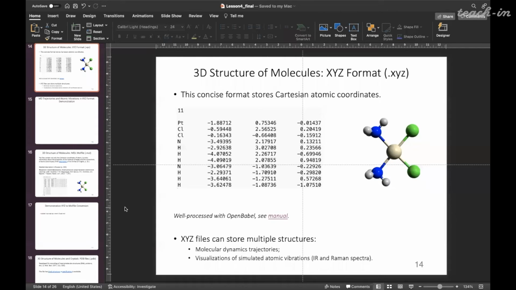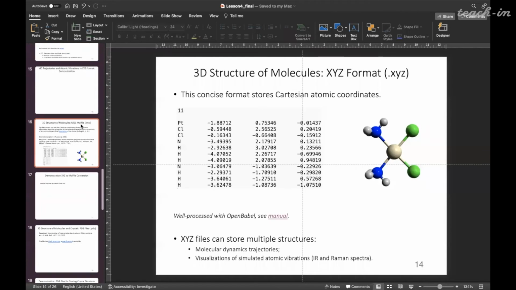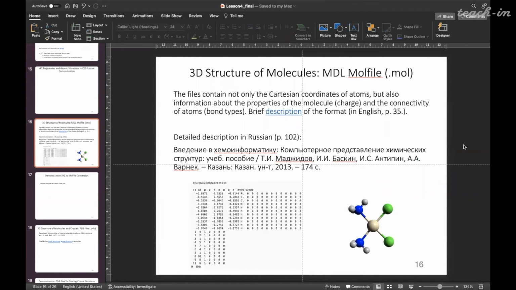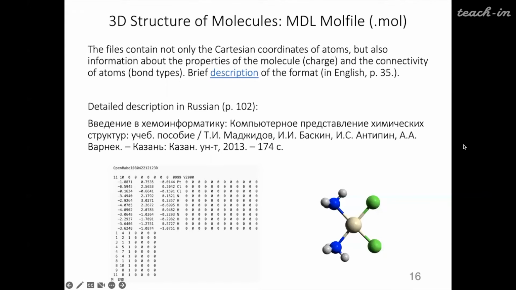Of course, this may be a feature for some applications. However, if you want to store data on chemical bonding, we should use other formats, like, for example, mol files.